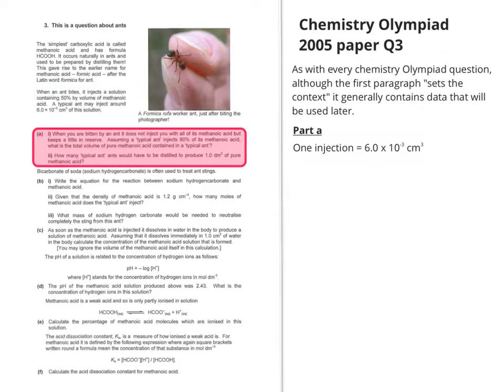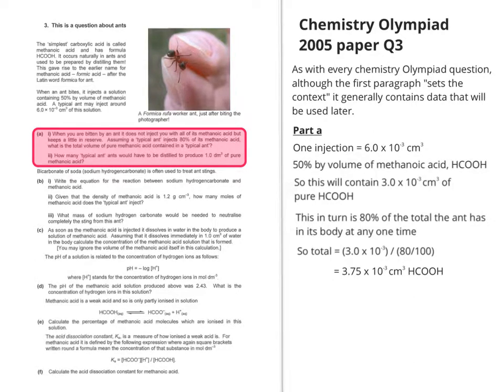The first part of this question talks about how much an ant actually injects you with. It says in the second paragraph we just referred to that a typical ant may inject around 6 times 10 to the minus 3 centimeters cubed of their solution. What you've got to do is work out the total volume of pure methanoic acid that's contained in a typical ant.